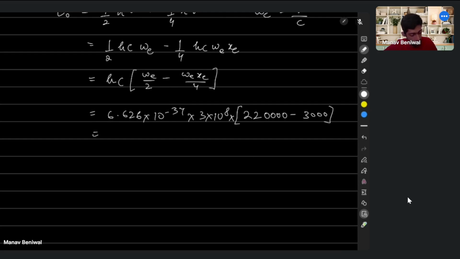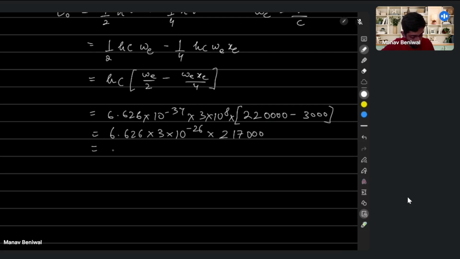So basically 6.626 into 3 into 10 to the power minus 26, and this will be multiplied by, if we subtract, 217000.